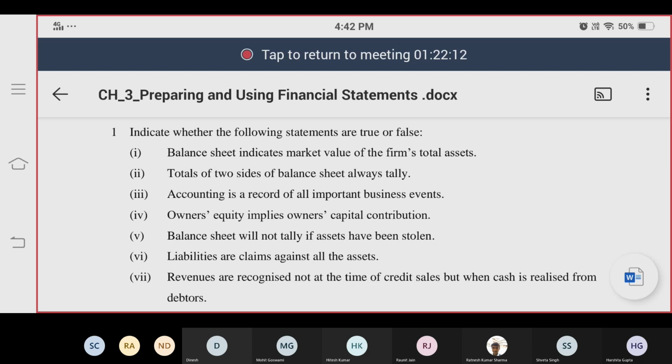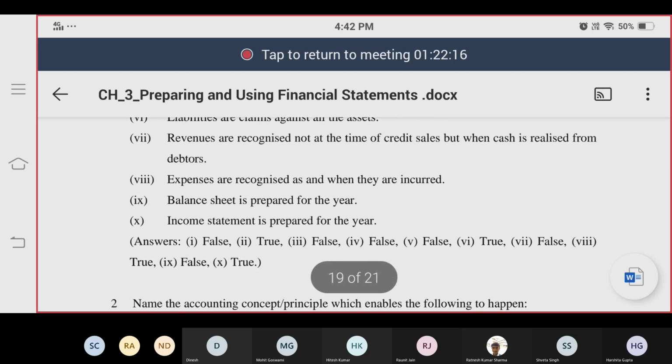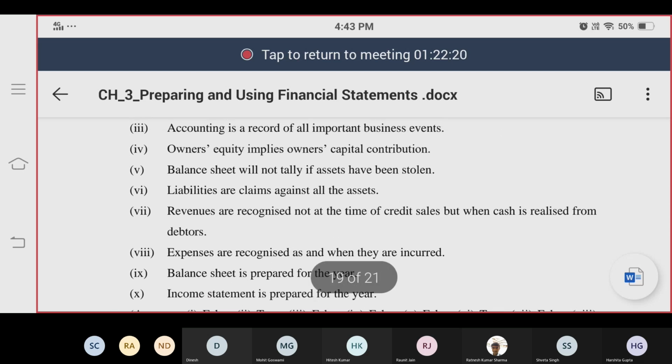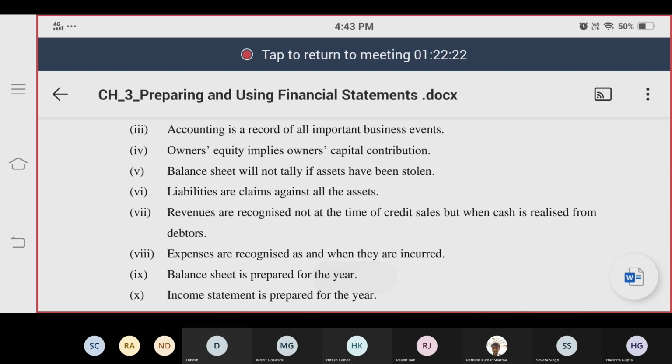Okay, Harshita, can you scroll down a little more? Okay, yeah. Don't show the answer, Harshita. Okay, anyway. Now the seventh one is: revenues are recognized not at the time of credit sales, but when cash is realized from debtors.